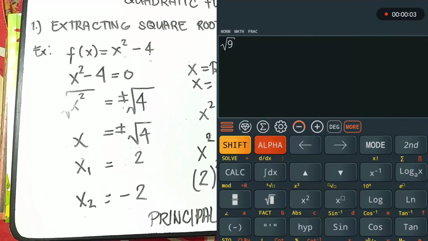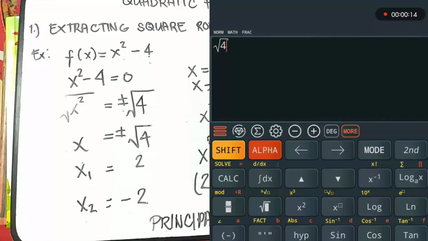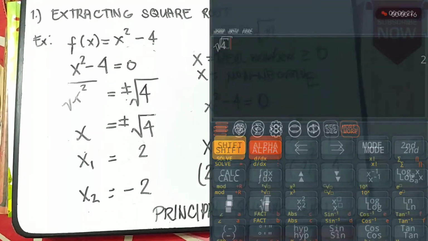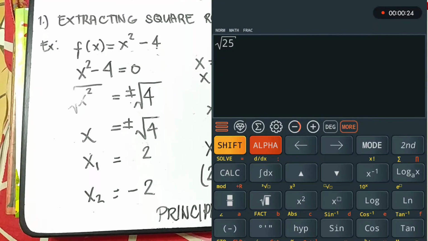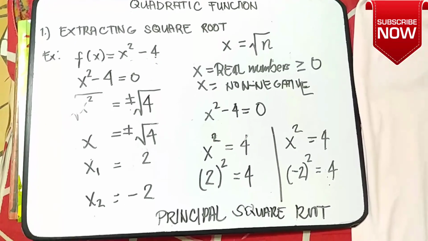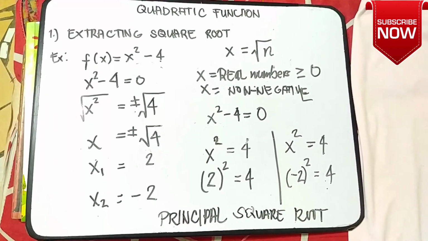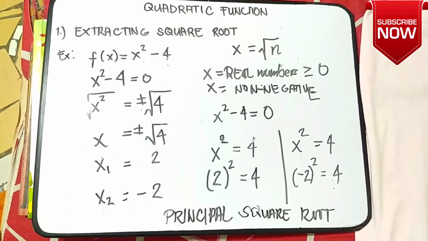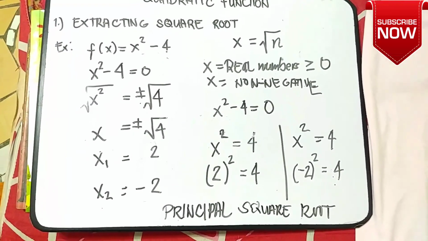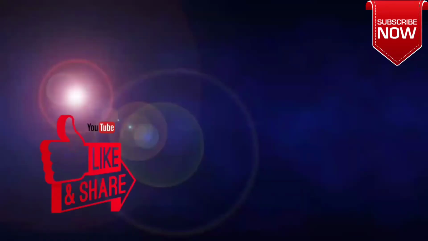Sagot kaagad natin is positive 3. What is the square root of 4? 2. What is the square root of 25? 5. Wala pa naman sigurong teacher na nagtuturo sa kanyang estudyante na ang square root ng 9 is negative 3. It is always a positive number.